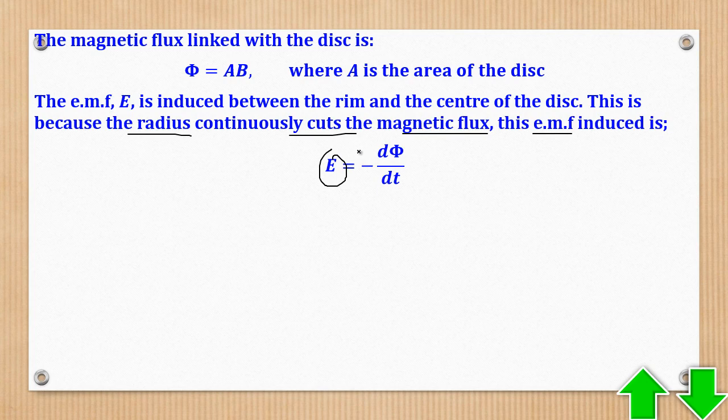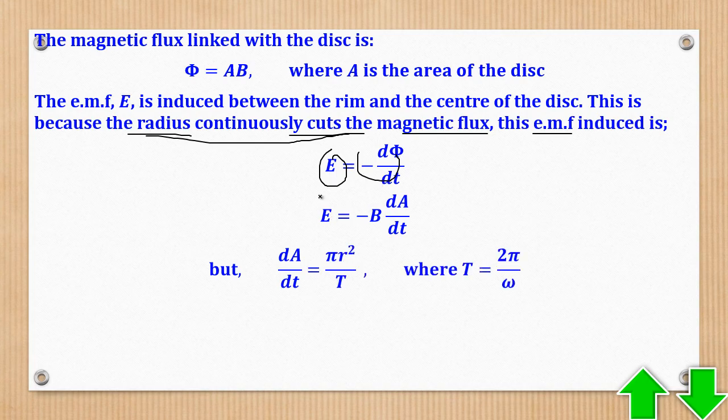So we know that E is equal to negative dΦ/dt. So come and substitute. Φ is AB, but this time it is the radius which is continuously cutting. That's why we are saying dA/dt, and B is constant because they said uniform magnetic flux.